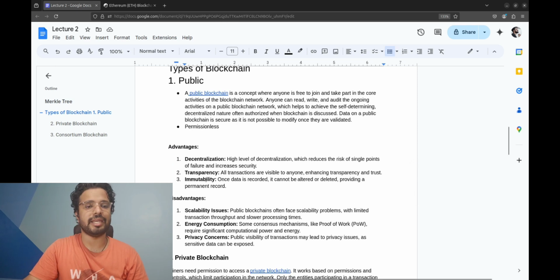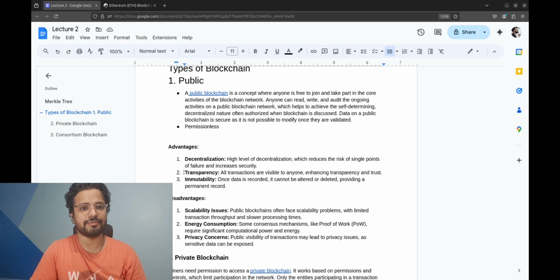So transparency, that is the advantage. Anyone can see a transaction, anyone can read through a transaction, and they can understand from which address a user has sent, how much funds are sent, at which time, and who is the receiver. Anyone can see your public address, but they can't figure out that you are the sender.